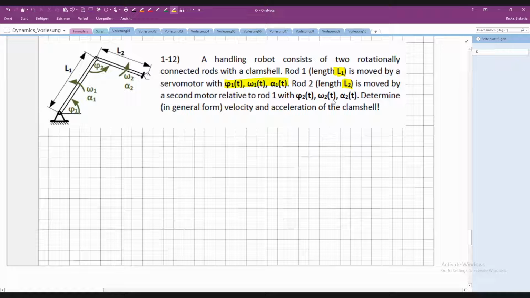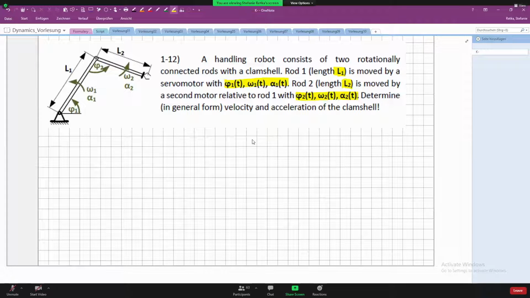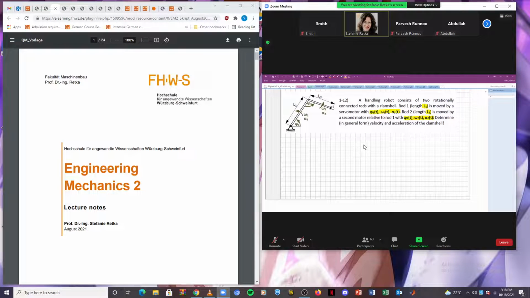And the second rod as well. The variables are given, angle, angular acceleration, angular velocity, but no numbers are given. So we have to find velocity and acceleration of the clamshell in general form, meaning dependent on the variables given.